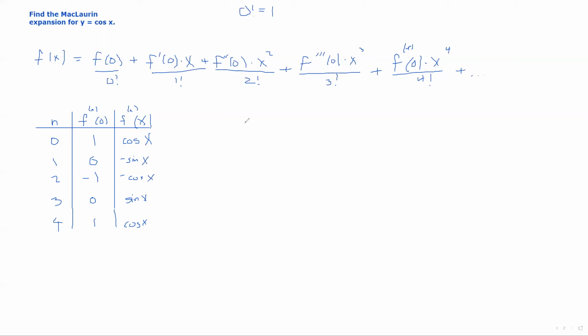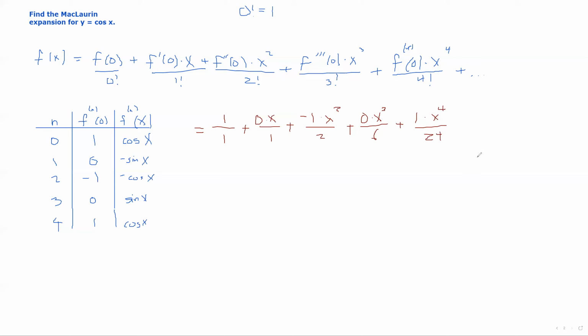So that means then that this is equal to f of 0 over 0 factorial plus f prime of 0 times x over 1 factorial plus f double prime of 0 times x squared over 2 factorial, which is just 2, plus f triple prime of 0 is 0 times x cubed over 6 plus f to the fourth derivative of 0, which is 1 times x to the fourth over 24.